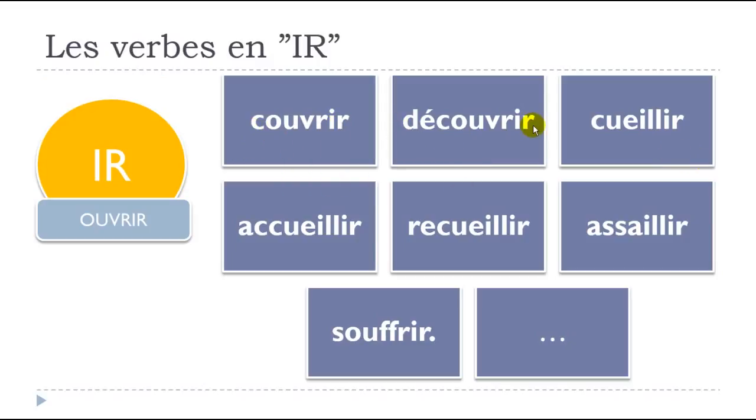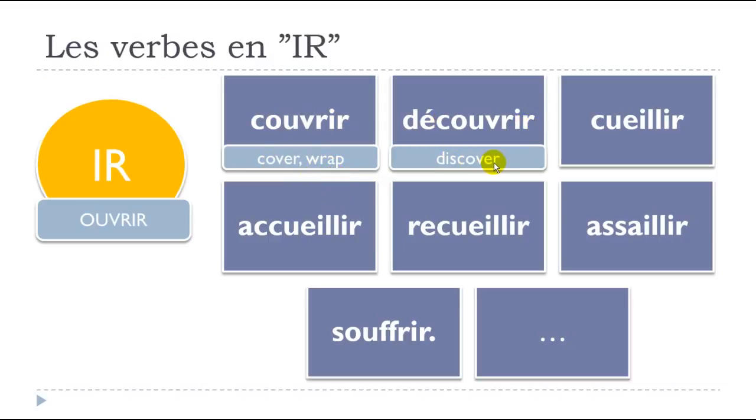Couvrir, découvrir, cueillir, accueillir, recueillir, assaillir, and then souffrir. I don't know why there is a little dot here, but don't bother with this. And of course, as in most cases, I try to give you the translation, and here it goes. Couvrir means to cover or to wrap.